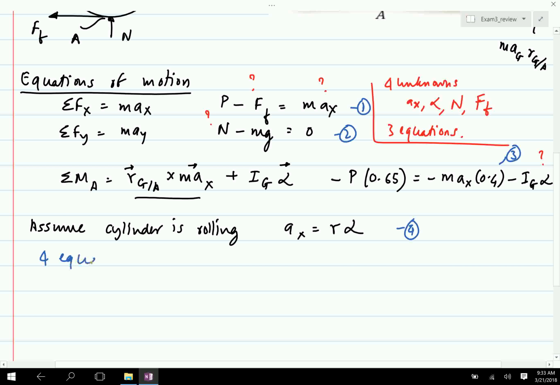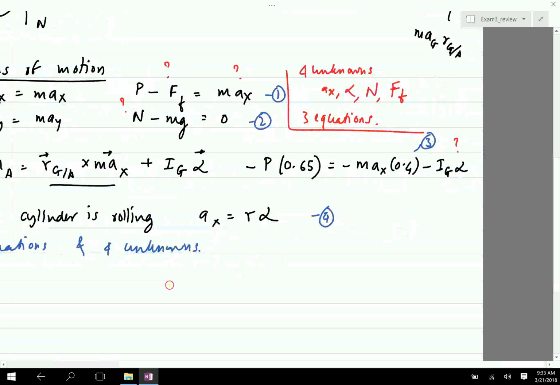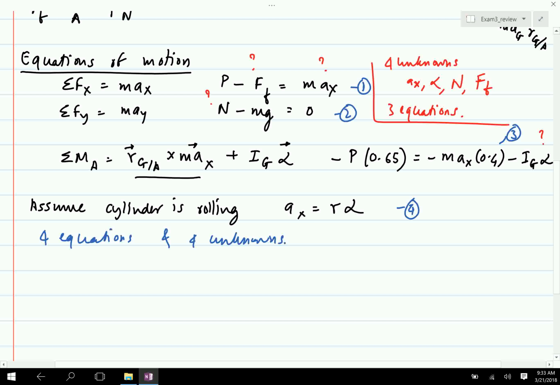Four equations and four unknowns. Okay, so when you assume it's rolling, do not assume the friction force is mu times n. That's not right. Assume AX equals R alpha. So we can solve for the four unknowns.